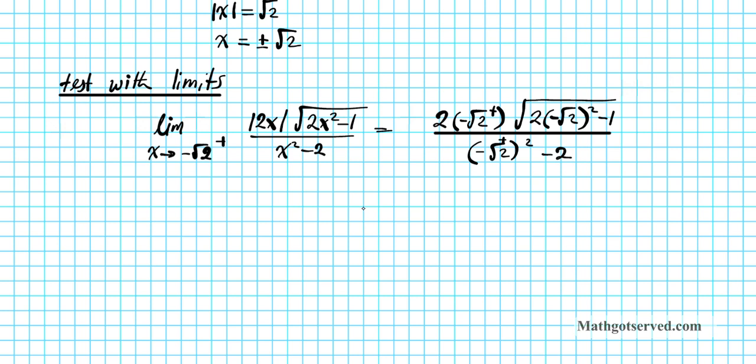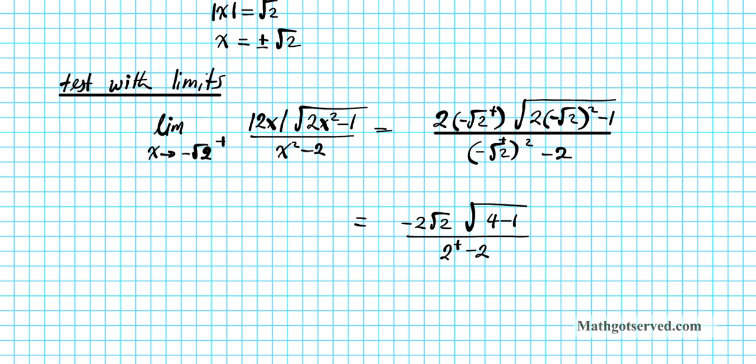So this is going to become negative 2 root 2 times the square root of, negative root 2 squared is just 2, 2 times 2 is 4, 4 minus 1. In the denominator, negative root 2 squared is just 2 from the right, minus 2. So what is that going to become?